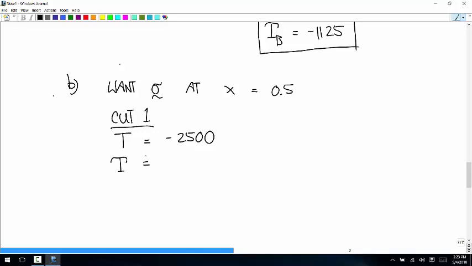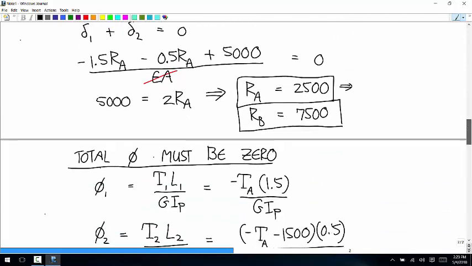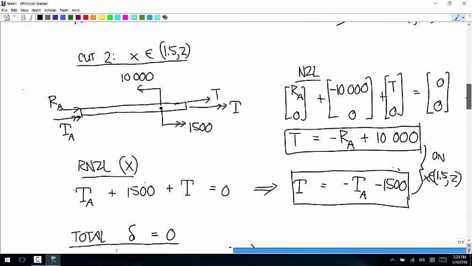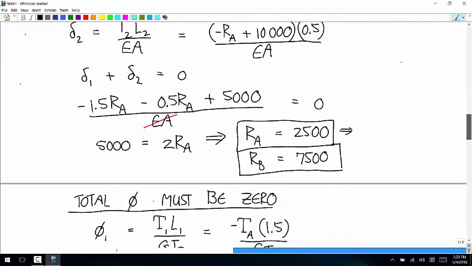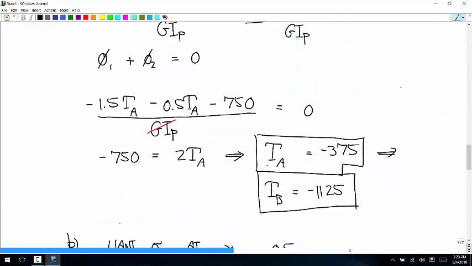And also from cut 1, we can get the torque. Torque A is negative 375.